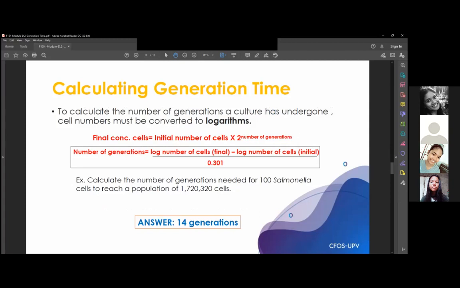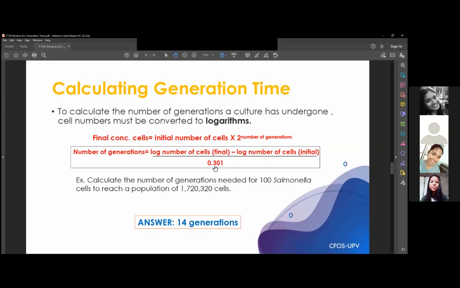Okay. Next is, to calculate for the number of generations, gusto mong malaman yung exponent. What if yung given is the initial number of cells and the final concentration? You don't know the number of generations. Yung exponent ni 2. So this is the formula. Number of generations equals the log number of cells final minus the log number of cells initial over 0.301.